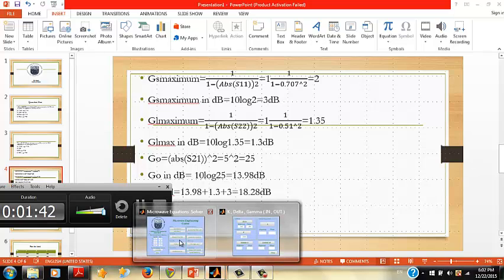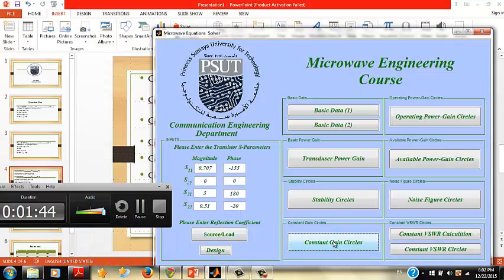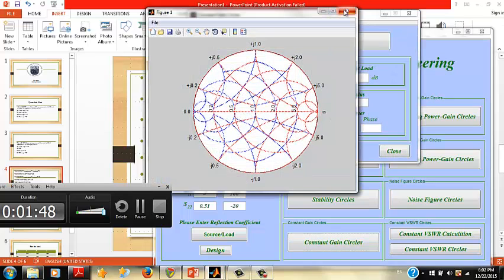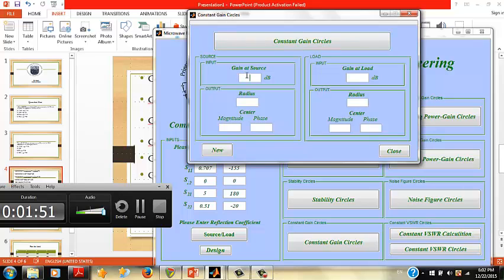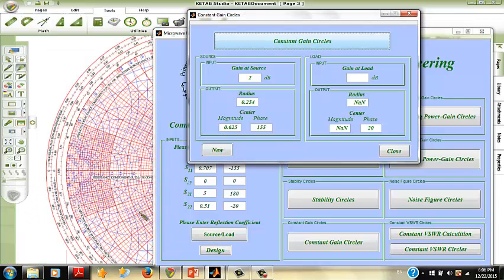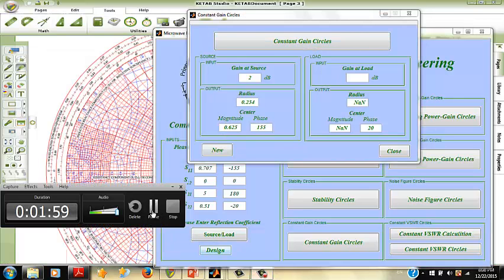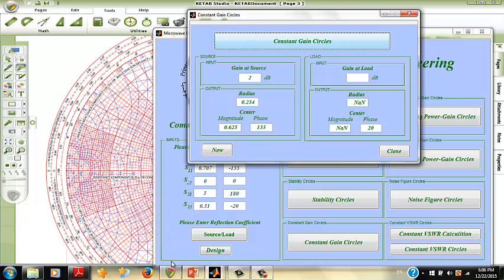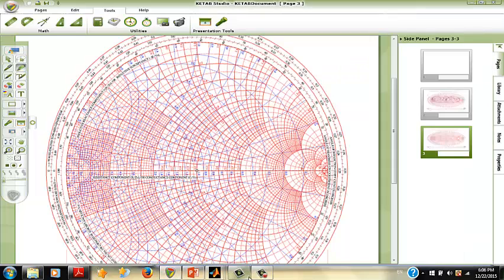By opening the calculator and pressing on constant gain circles, we will enter 2 dB here and find the radius and the center. The magnitude is 0.625 and the phase is 155. And now we will open Kitab. The phase is 155. We will draw a line from the center.